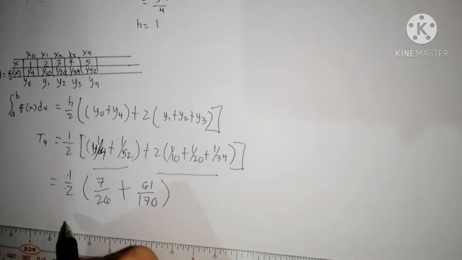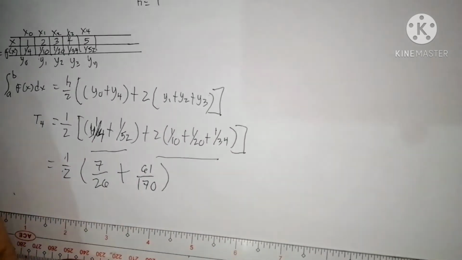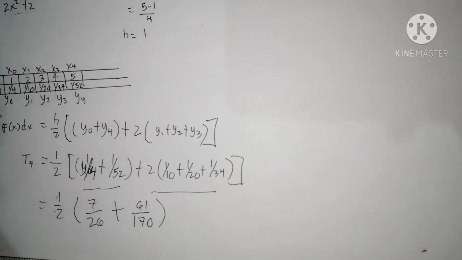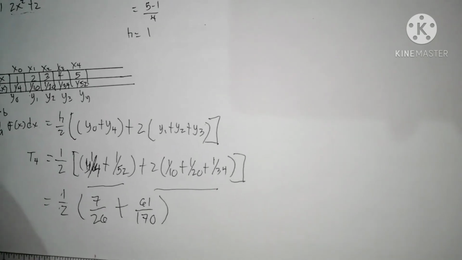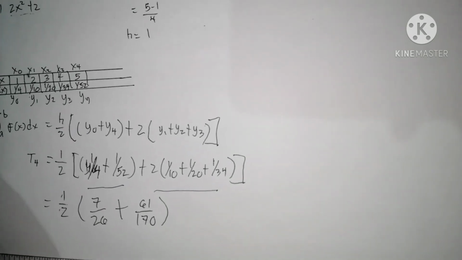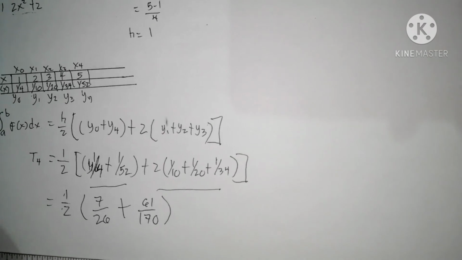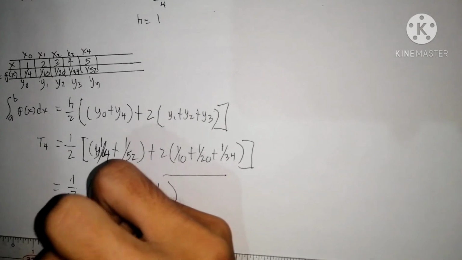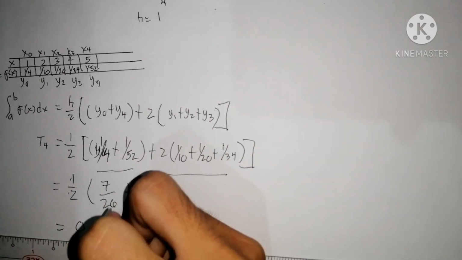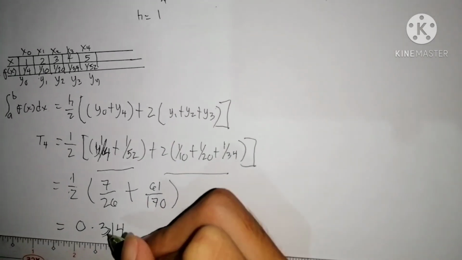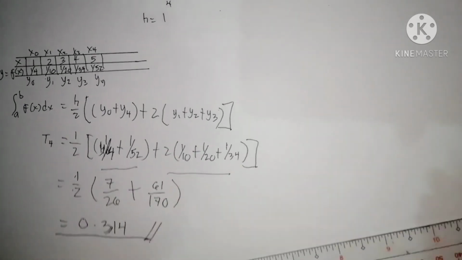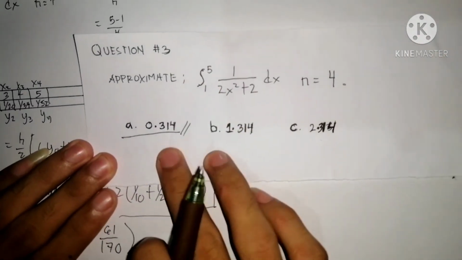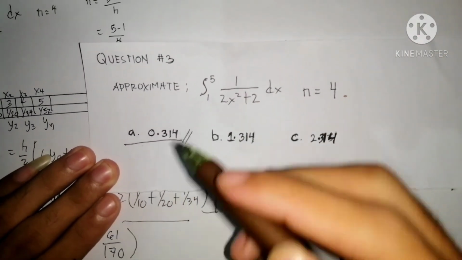To solve this, as we input in the calculator, we have 1/2 times 7 over 26 plus 61 over 170, total of 0.314. This is our answer. So in our question number 3, our answer is A, this one.